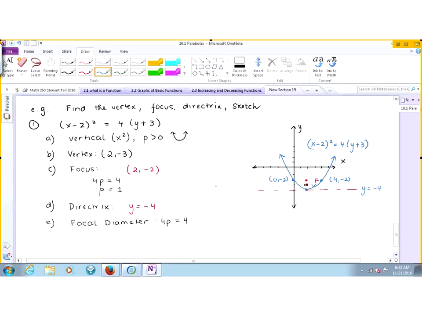Yes, I shouldn't draw from here. I should have drawn from the vertex. Thank you. Somebody's awake and somebody's sleeping here, I guess. I'm so sorry, now I lost my coordinates. You're right. I should have drawn it from the vertex. So it should have been here, and here.